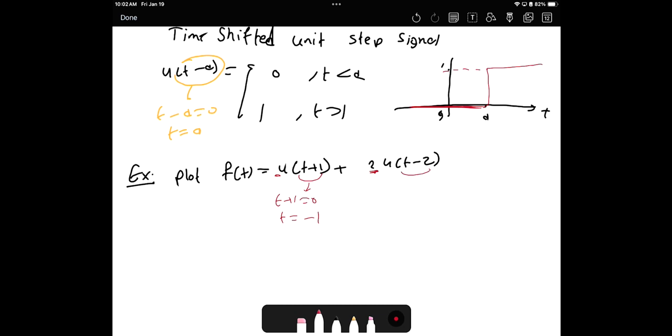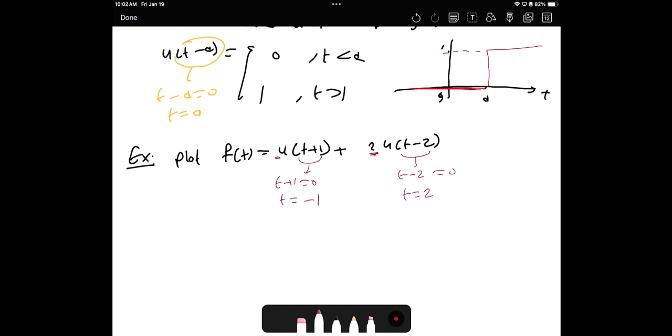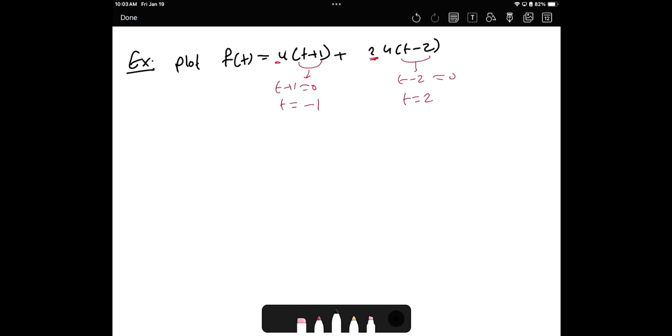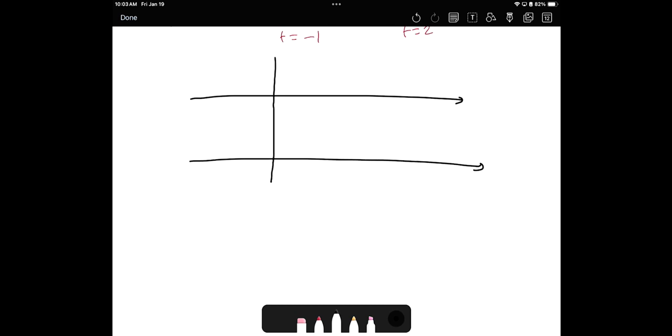For the second part, t minus 2 is 0, so at t equals 2 it will be activated. To plot this, let's plot each term alone, then we will sum them together. Here is a plot: the first term, the second term, then their sum.